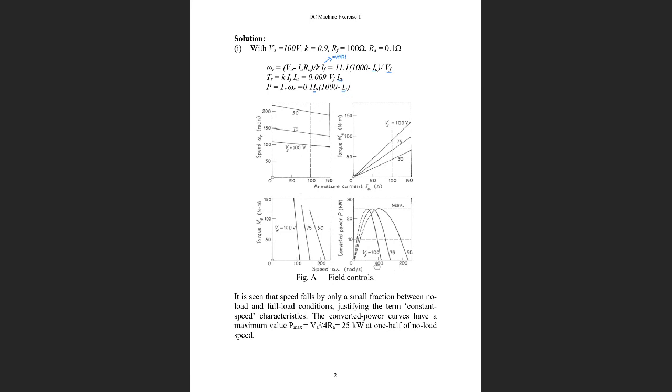Lastly is the power issue. So output powers and speed. From these diagrams, I just explained to you on the previous page. At the beginning, when the motor speed is 0, of course there's no power. When the speed increases, the motor power increases too.